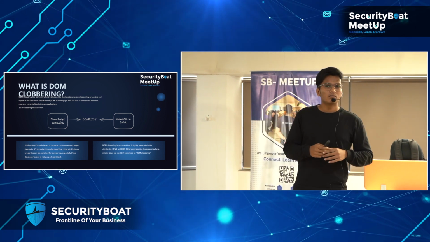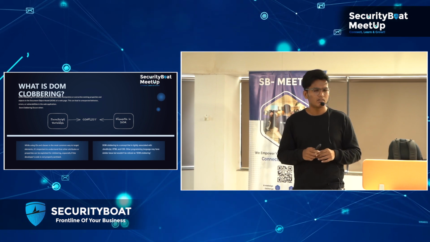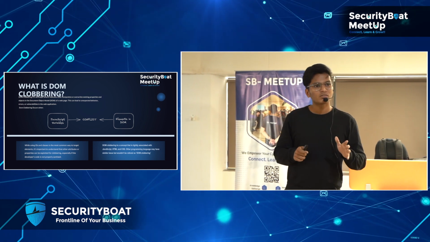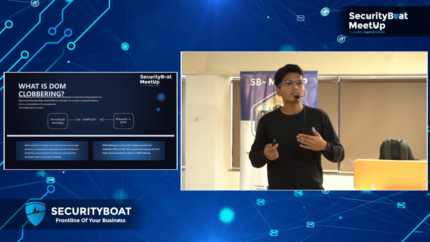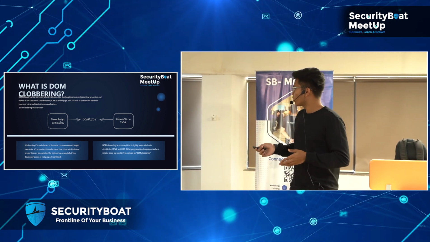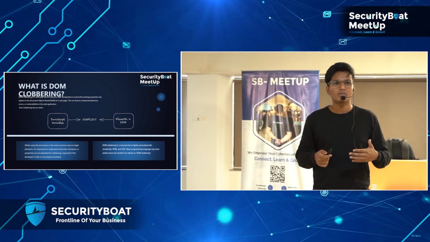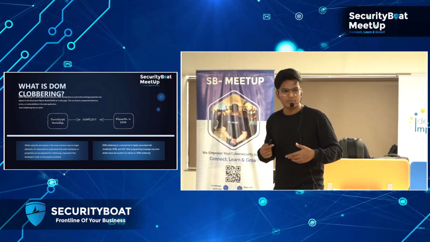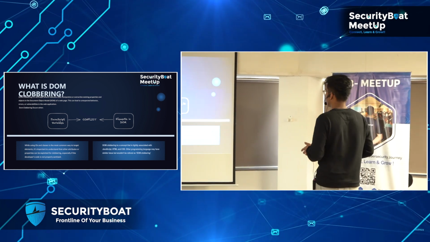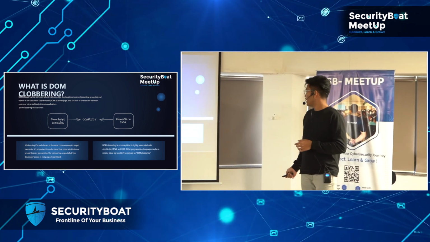Some websites use third-party libraries, and they have variables with the same name. So DOM clobbering is a thing that makes a conflict, and hackers use it to their advantage to exploit a website. It is closely related to only three languages: CSS, HTML, and JavaScript.